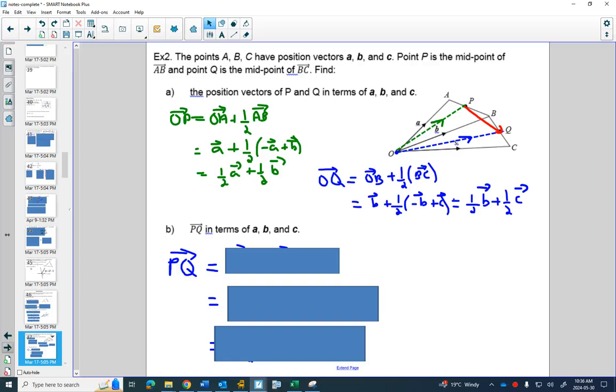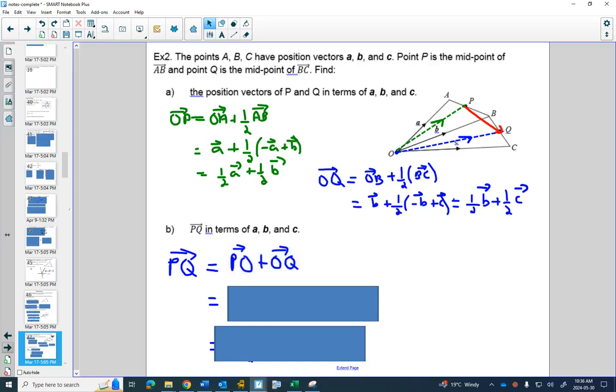So now if I had my robot at point P, and I need my robot to get to point Q, I could go back along the green dotted line, which was O to P, because I figured that out already, and I could go along the dotted blue line, which is O to Q, because I figured that already.